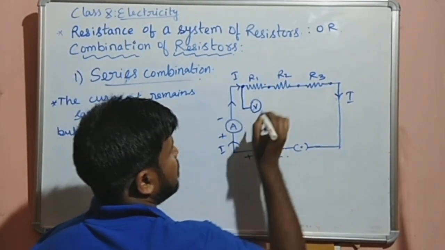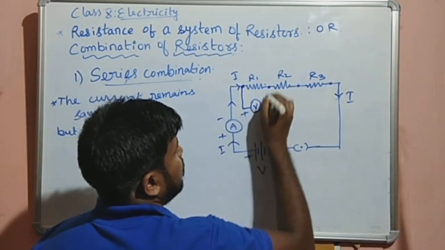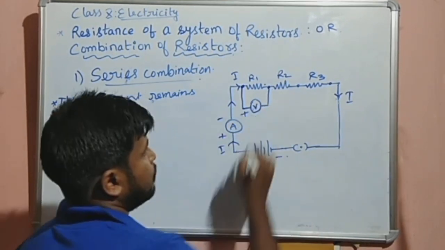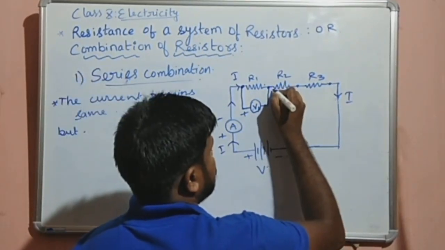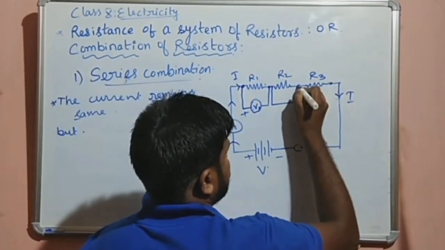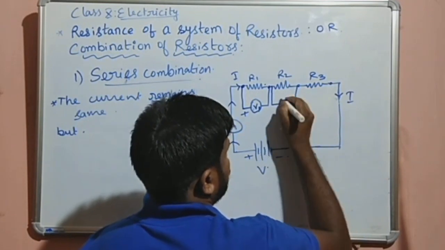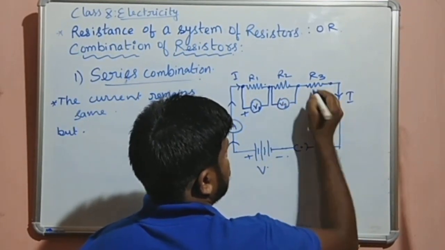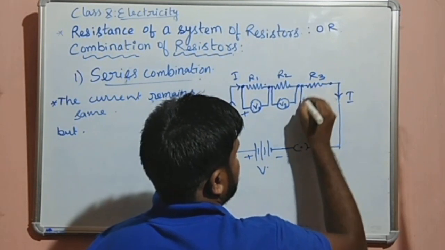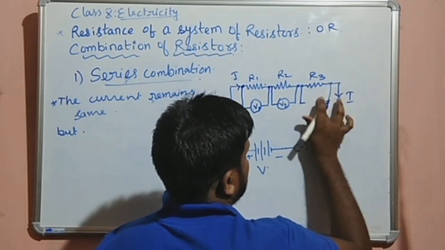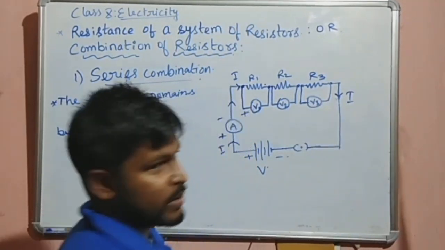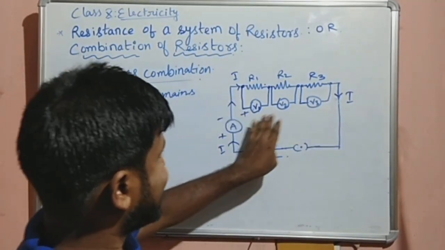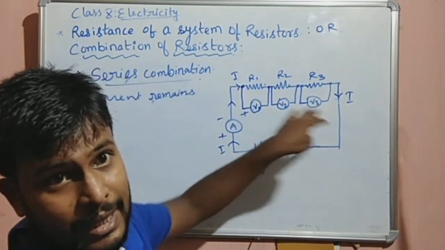Suppose we apply a voltmeter here, it will measure the potential difference V1. Here suppose it is V2, here V3. That means the potential difference is distributed unequally. They are not equal.